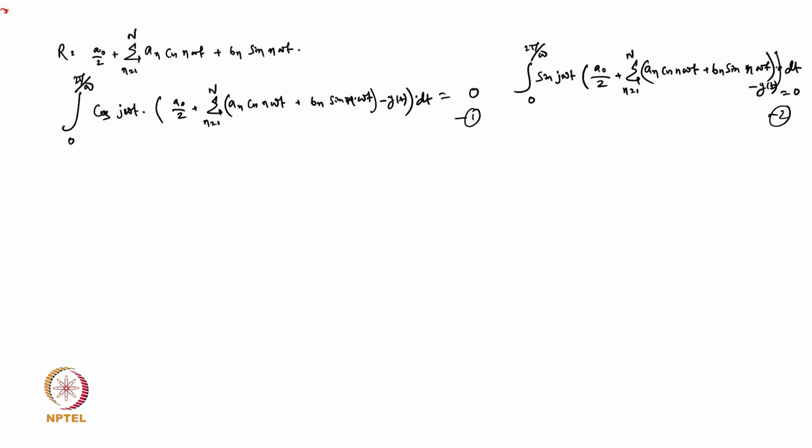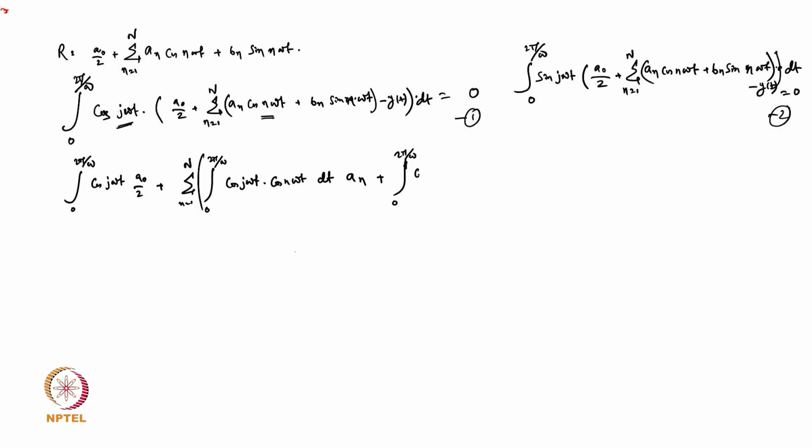If we do equation 1, it is the integral from 0 to 2 pi by omega of cos of j omega t into a0 by 2, plus the summation for n equal to 1 to N of the integral from 0 to 2 pi by omega of cos of j omega t into cos of n omega t dt with an, plus again the integral of 2 pi by omega of cos of j omega t into sine of n omega t.